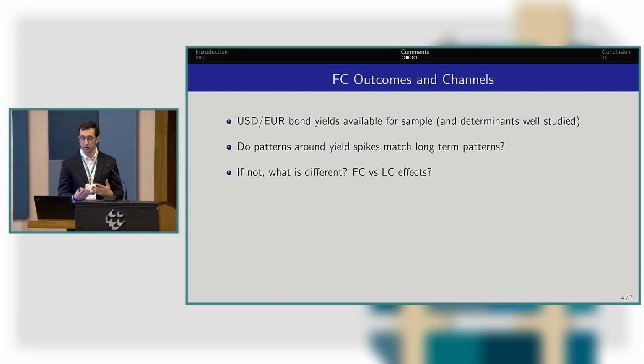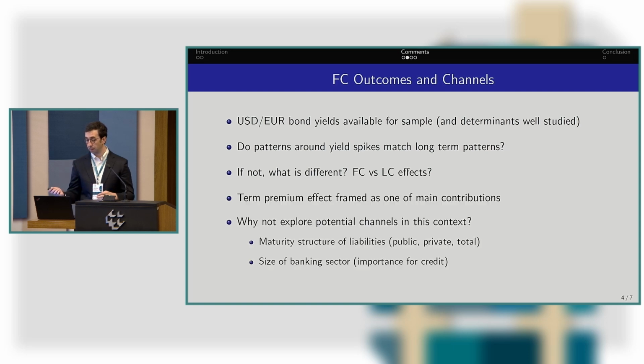So I'd like to understand whether the patterns around yield spikes match the long-term patterns, or if there are specific things operating in those circumstances that we should understand better. And also, are there major differences between the effects that we see for foreign currency yields and local currency yields, and why?